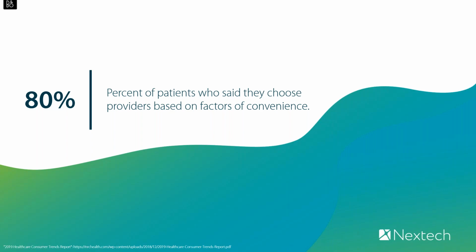I think that makes sense. Convenience can be a lot of things. But as it relates to the portal, if we can solve that initial statistic of 63% of patients being stressed out waiting, we can fix that. I assume that means we're going to be seeing more patients and happier patients too. We're going to talk about that in just a moment.